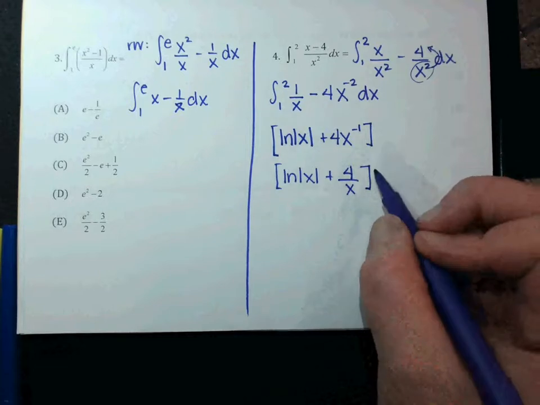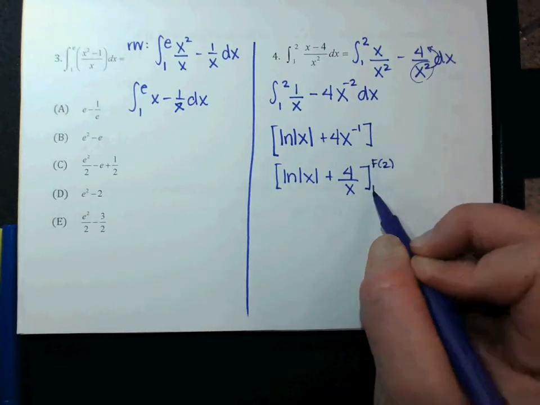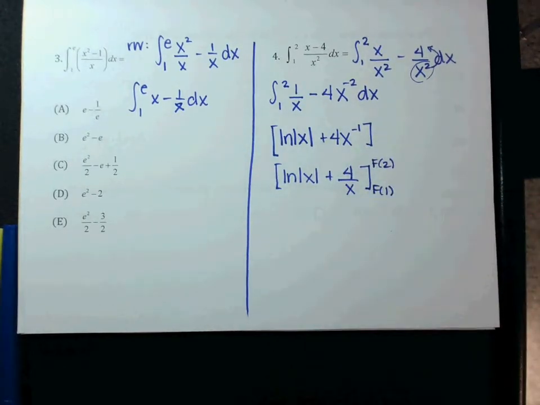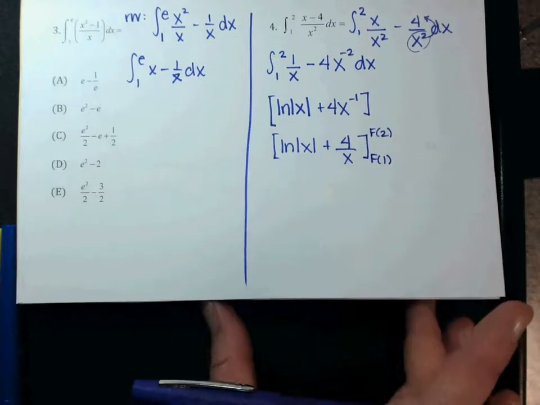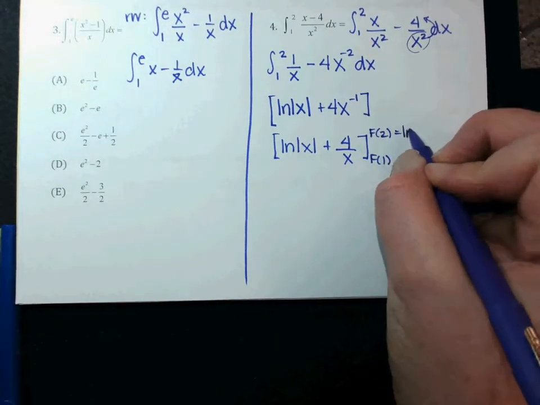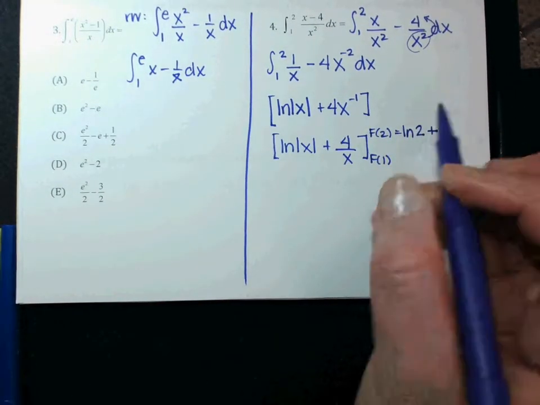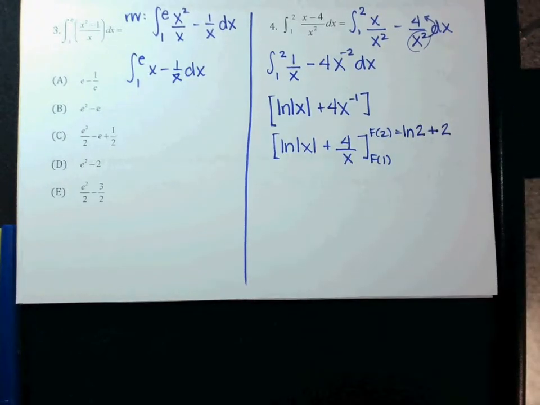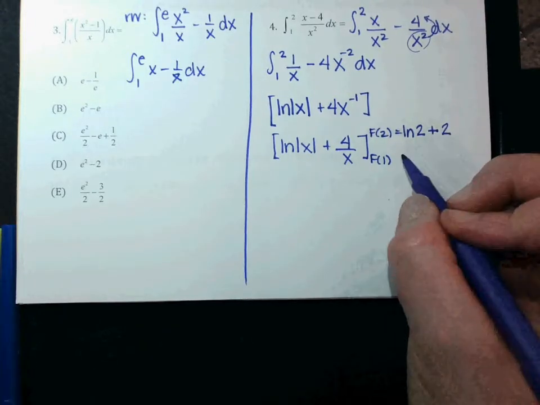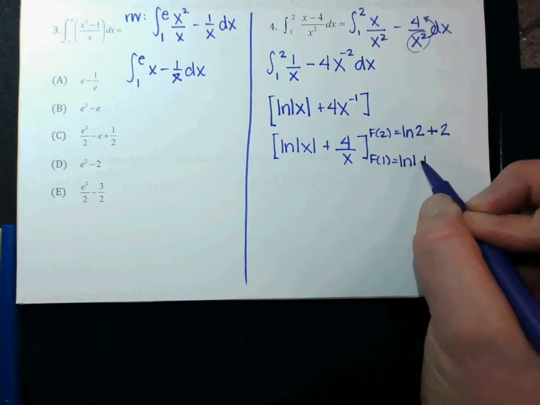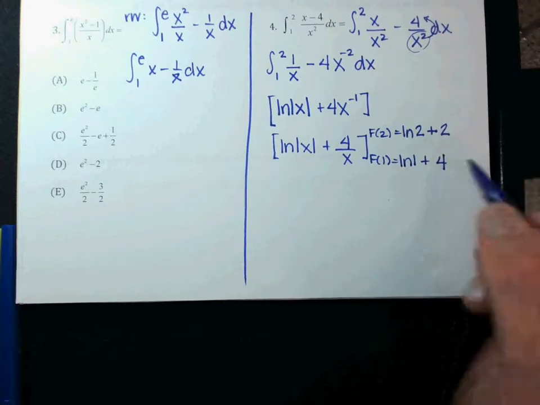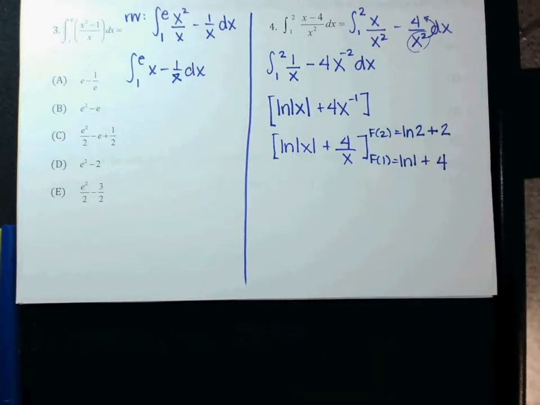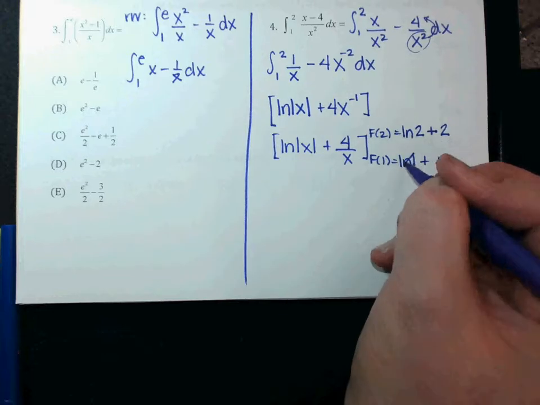Then at that point, I'm going to plug in 2 and 1. F of 2 is going to be ln of 2 plus, and then when I plug in my 2 on the bottom, 4 divided by 2 is a 2 left over. Okay, then for my second term, I'm plugging in a 1. That would be ln 1 plus 4 over 1 is just 4. What is the ln of 1? 0.